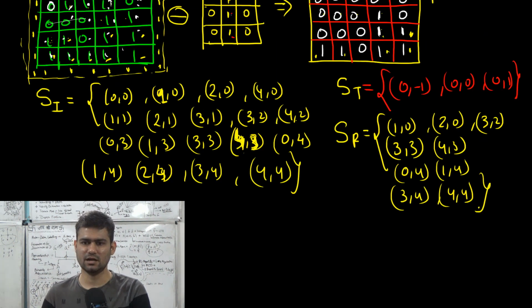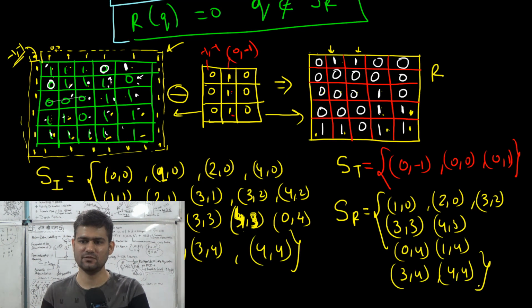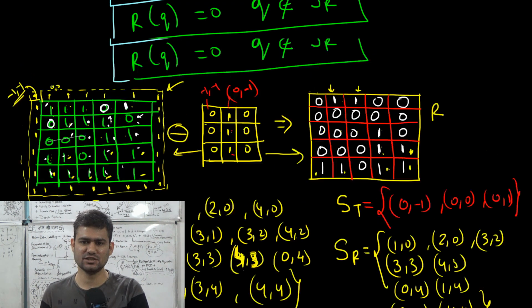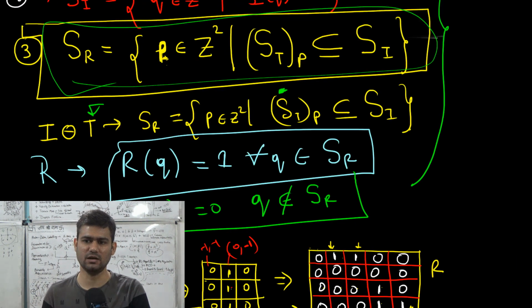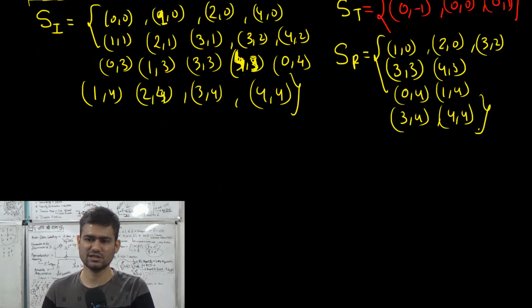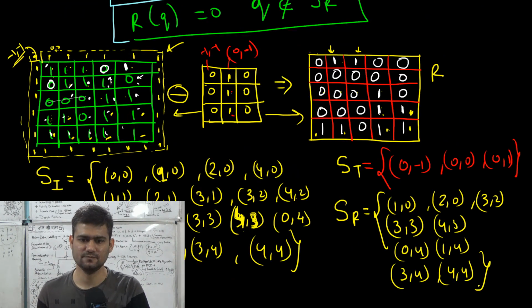So graphically we just did erosion of this image with this structuring element, and this is the result we get. We have just defined these sets by graphically looking at our resultant image. Now let's check whether this formula holds true or not. To see how the formula works, we'll check element by element.